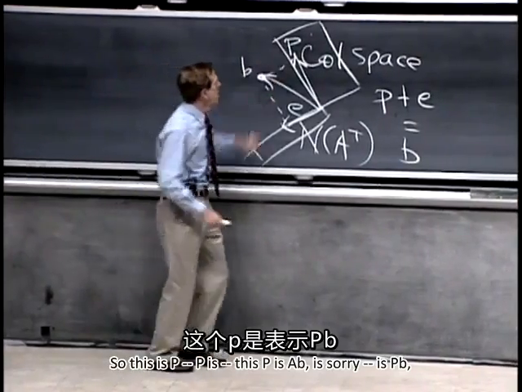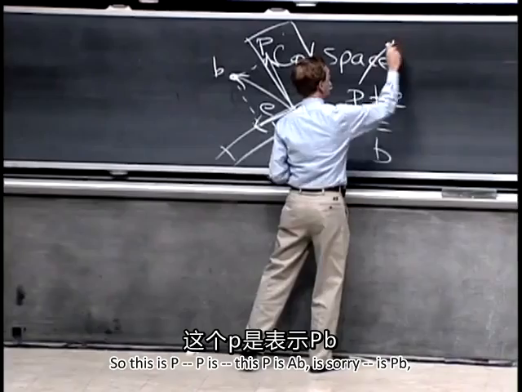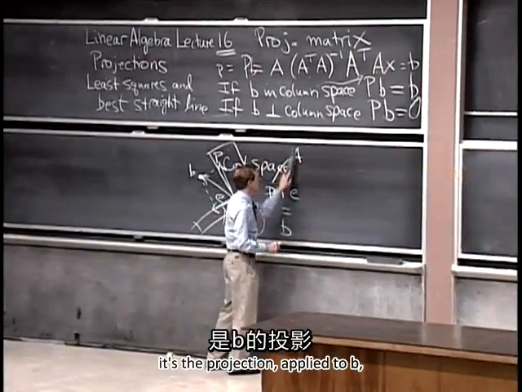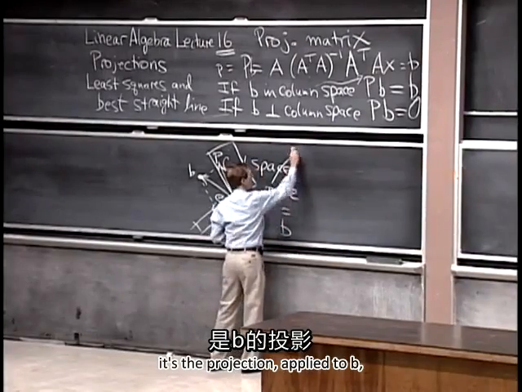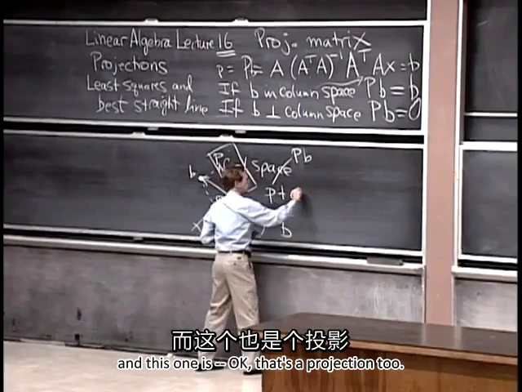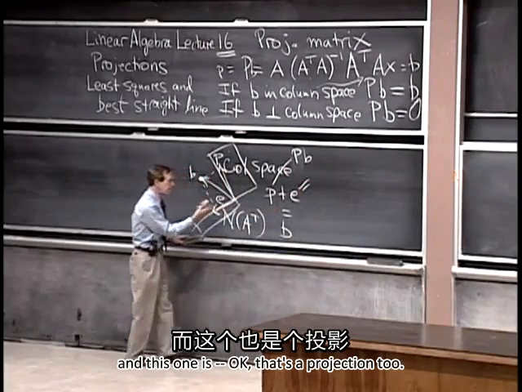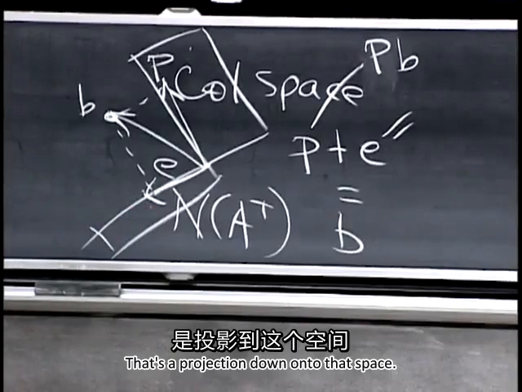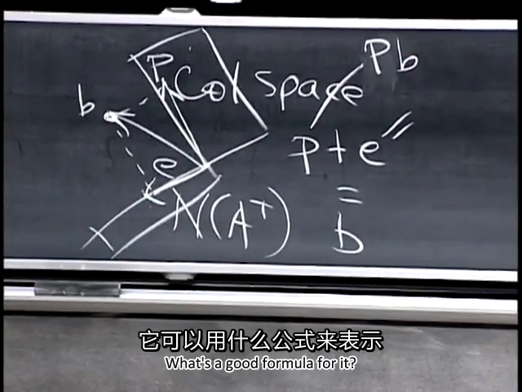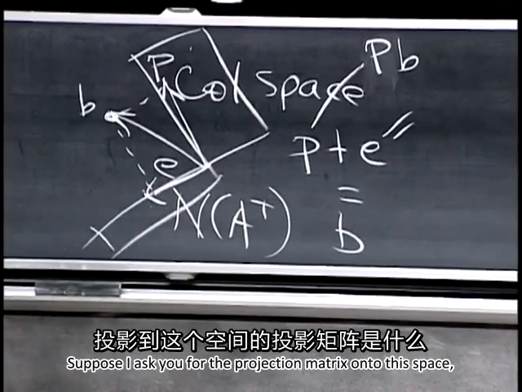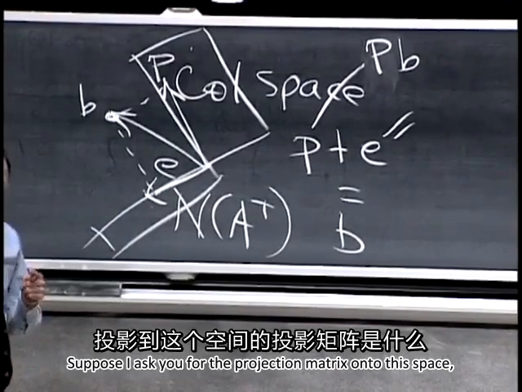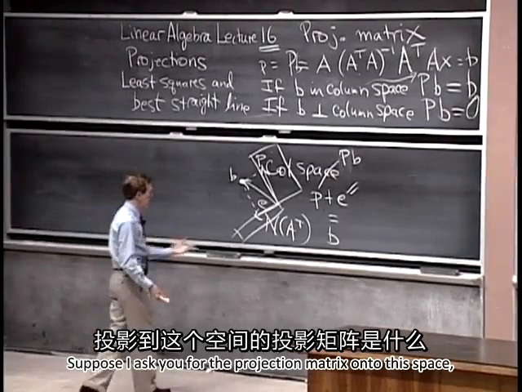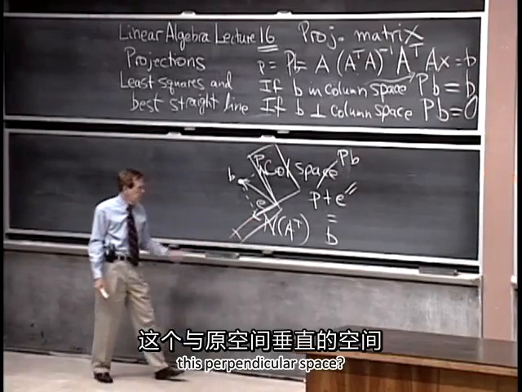So this P is PB. It's the projection applied to B. And this one is, okay, that's a projection too. That's a projection down onto that space. What's a good formula for it? Suppose I ask you for the projection onto this perpendicular space.